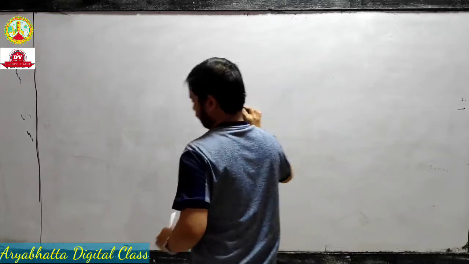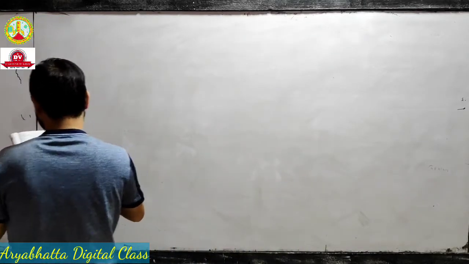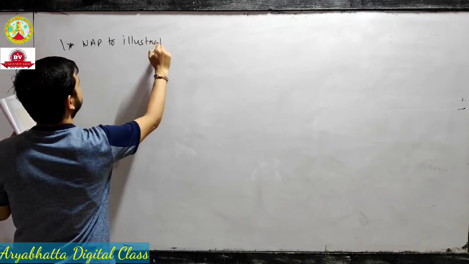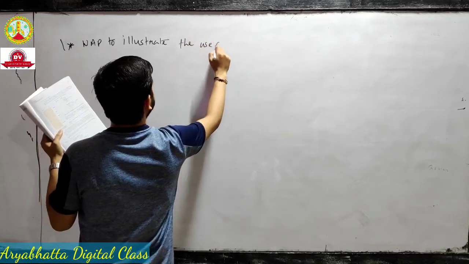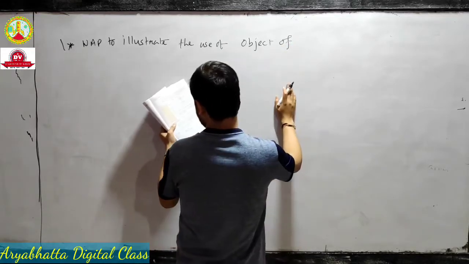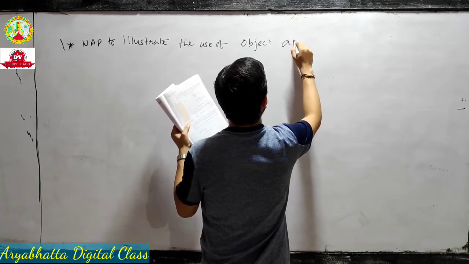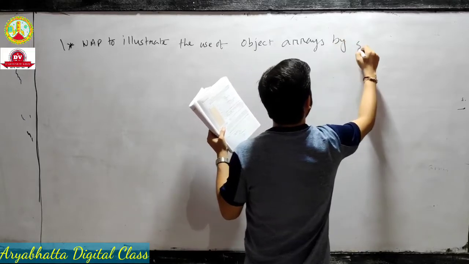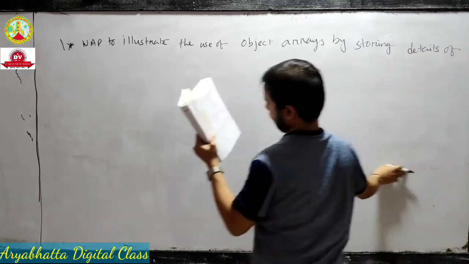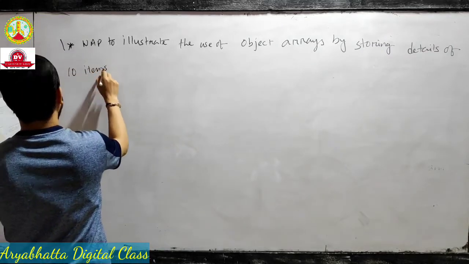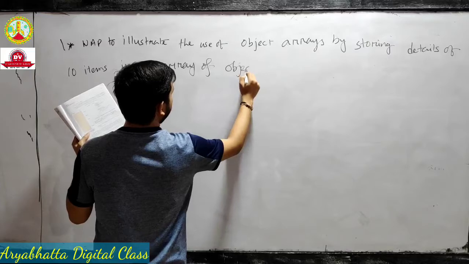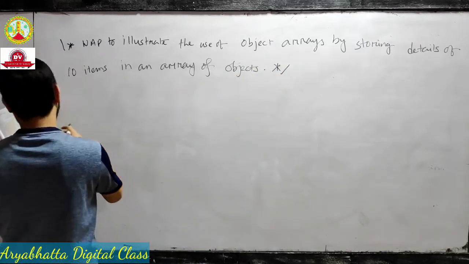Now you see a simple program we do: write a program to illustrate the use of object arrays by storing details of 10 items.